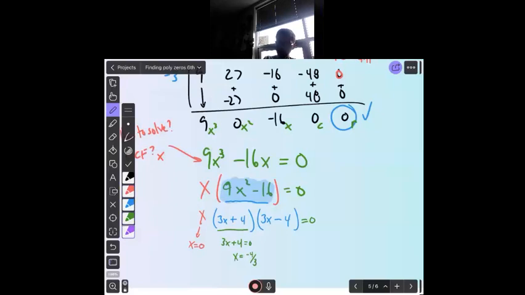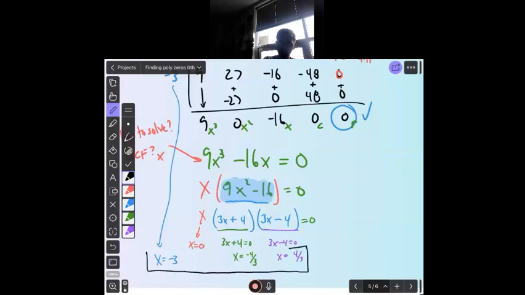And 3x minus 4 equals 0, so add 4 over and divide by 3, giving positive 4/3. And don't forget about the original 0 I gave you, x equals negative 3. So here are the 4 zeros to this problem. There should be 4 answers, and there are my 4 answers.